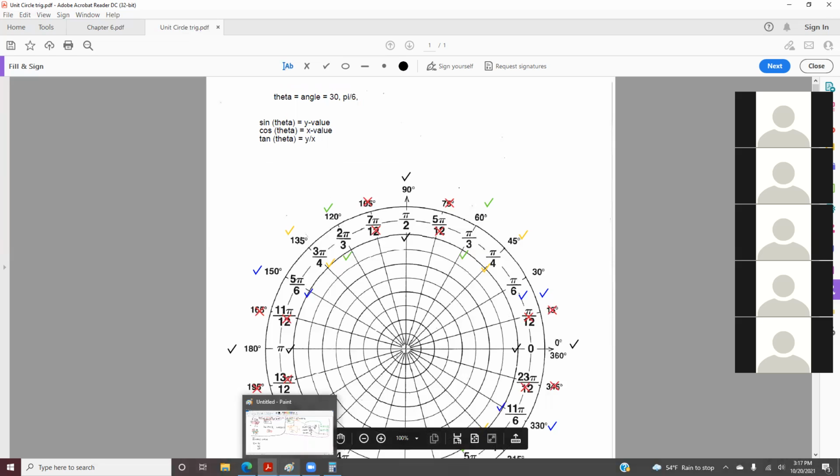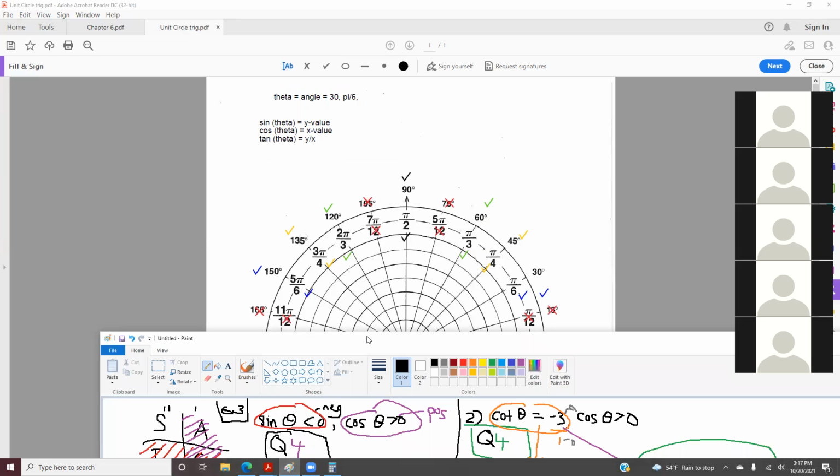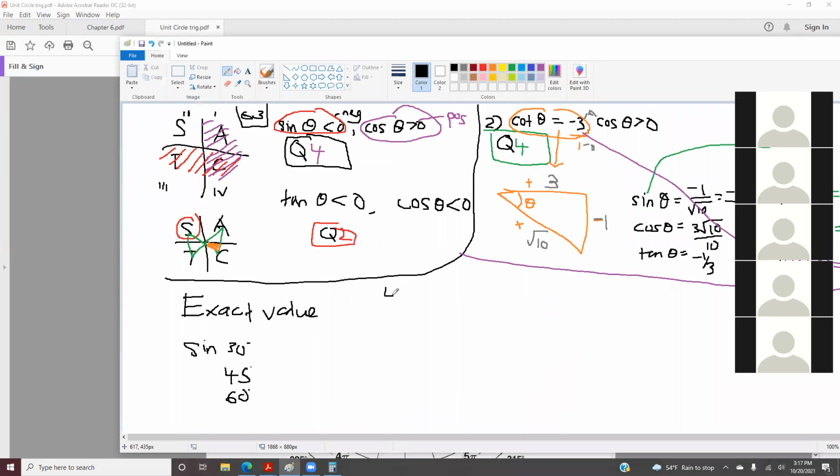So let's start with 45 degrees. In order for us to get 45 degrees, we will have to use what we call an isosceles right triangle. When I say isosceles right triangle, it means that these two angles are exactly 45 degrees, so they have the same length.